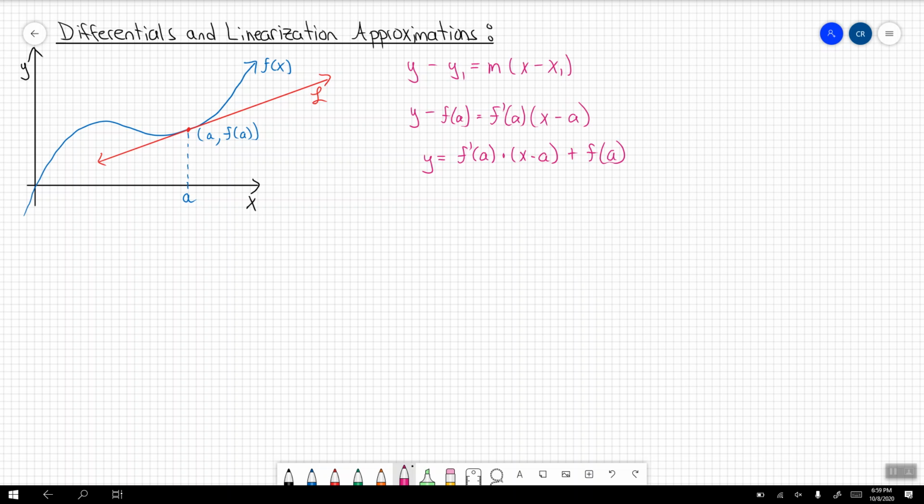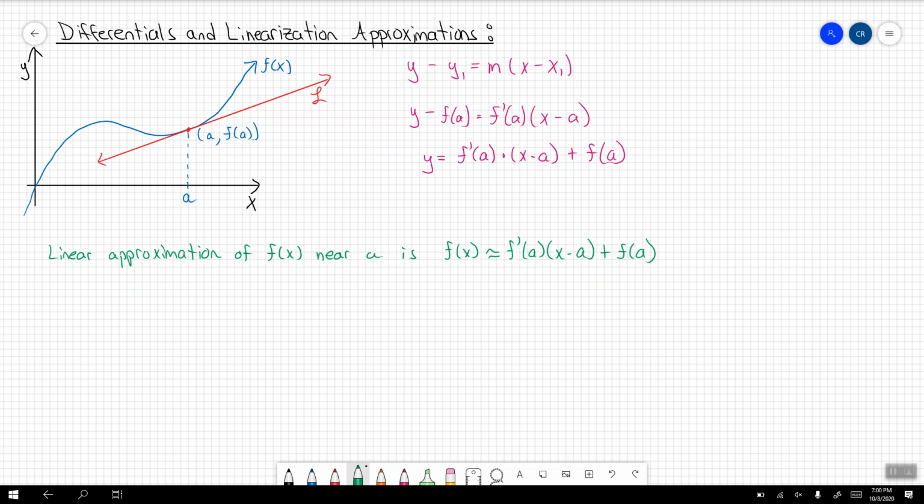So the way we write this linear approximation is that the linear approximation of f of x near a is that f of x is approximated by this function that we found, which is f prime at a multiplied by x minus a plus f of a. Okay, so that's great. So we get this linear approximation.